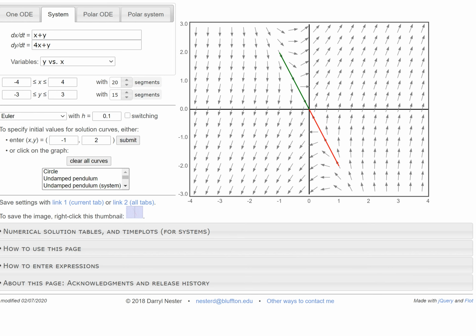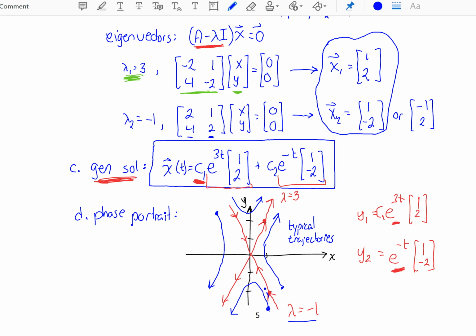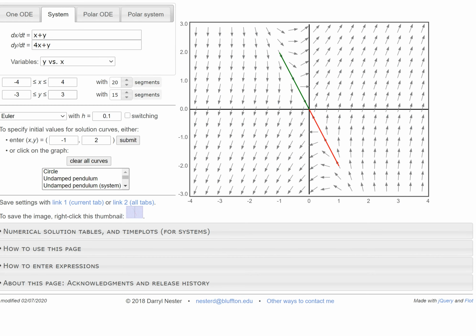Now let's pick ones that lived on the line represented by lambda equals 3. And a point that lived on this line would have been the ordered pair 1, 2. Or let's make it even smaller so it's closer to the origin. Let's put 0.1, 0.2.